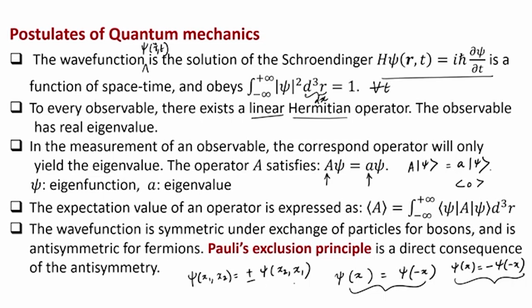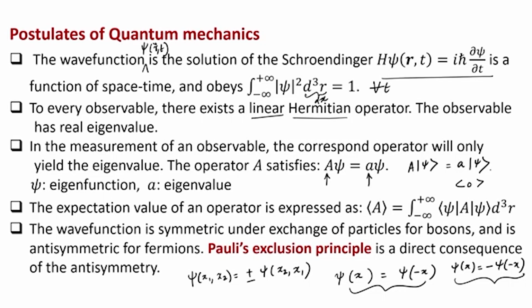This can be understood if you write it down, say for 3 particles, in terms of a Slater determinant. If you make either 2 rows or 2 columns of a determinant identical, then the determinant is equal to 0, which means that if the positions of the 2 particles are the same, and we are not talking about spin here.